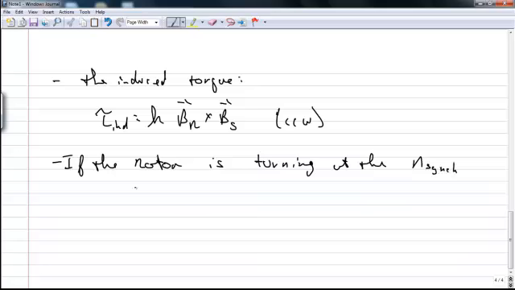What would the situation be then? Well, if that were the case, then the rotor bars would be stationary relative to the magnetic field. And so we would have no relative motion between the conductors and the magnetic field, so the induced voltage would be zero.